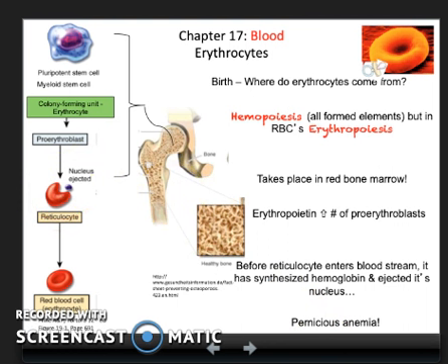What happens is, as part of an autoimmune disease, the immune system destroys the cells of the stomach lining, and a healthy stomach lining secretes what's called intrinsic factor, a chemical that is needed to absorb vitamin B12 in the small intestine. Vitamin B12 is really important for these proerythroblasts to divide.